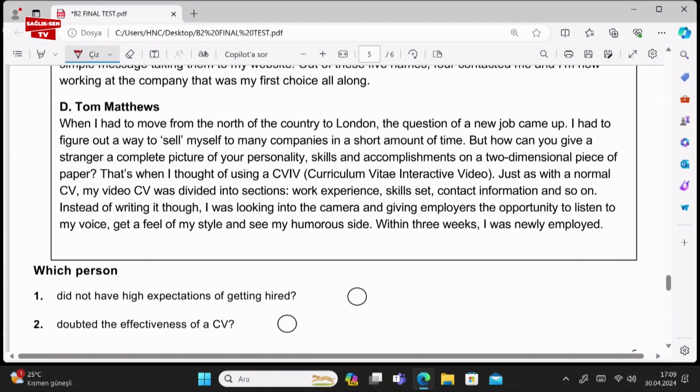That's when I thought of using a CV/IV, interactive video, just as with a normal CV. My video CV was divided into sections: work experience, skill set, contact information, and so on. Instead of writing it though, I was looking into camera and giving employers the opportunity to listen to my voice, get a feel of my style, and see my humorous side.